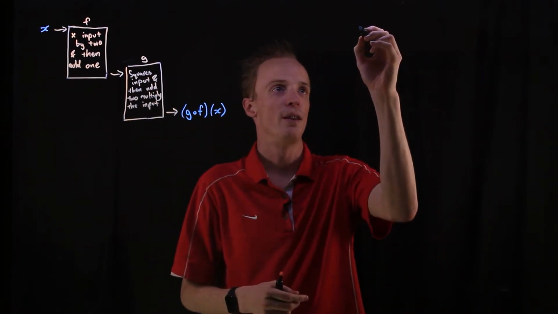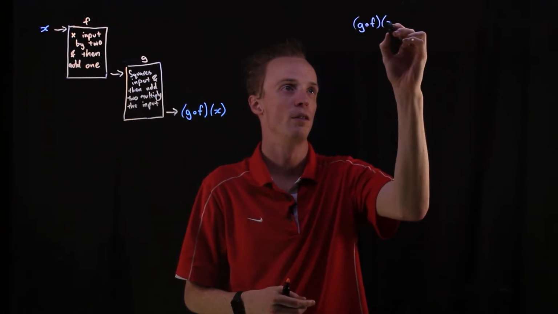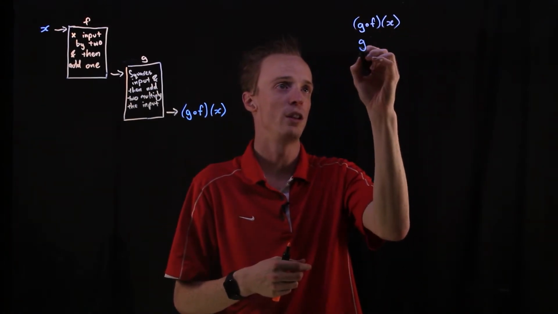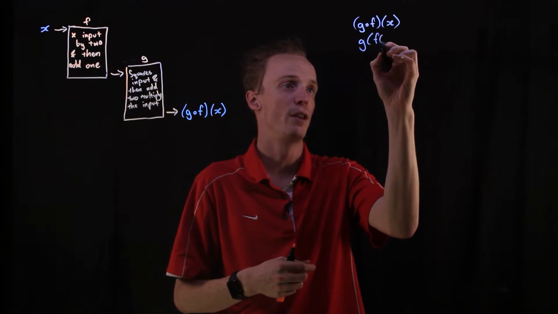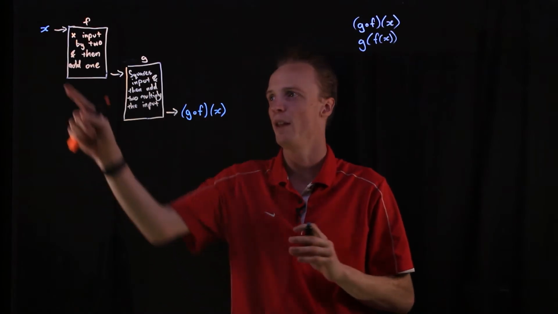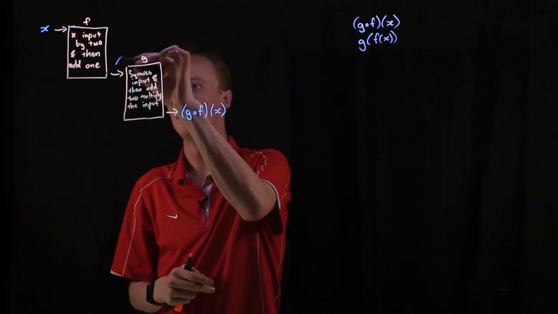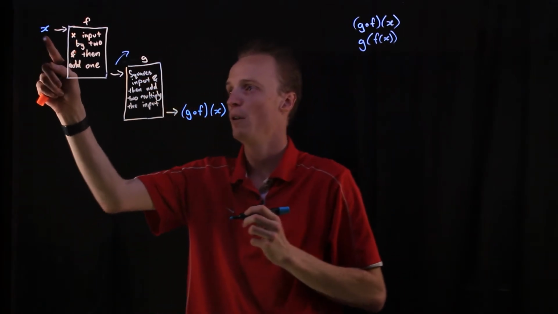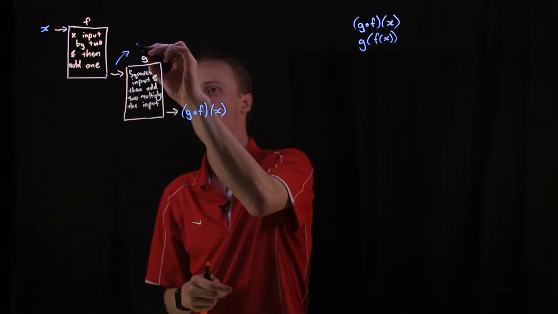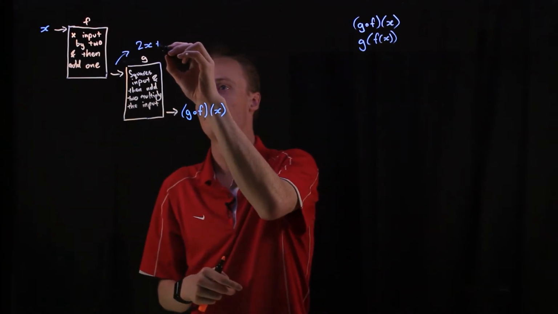Now we can rewrite this G of F of X to say that we're wanting to find the G of the F of X. So first of all, we need to find what the F of X would actually be. So this output just in here is going to take our input of X, multiply the input by 2, so it'll be 2 multiplied by X, and then add 1.